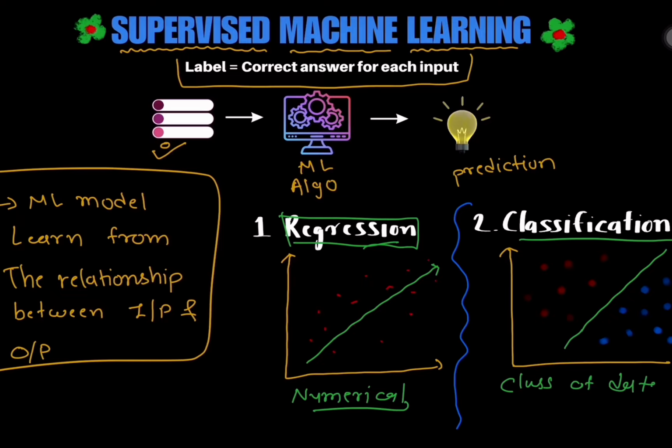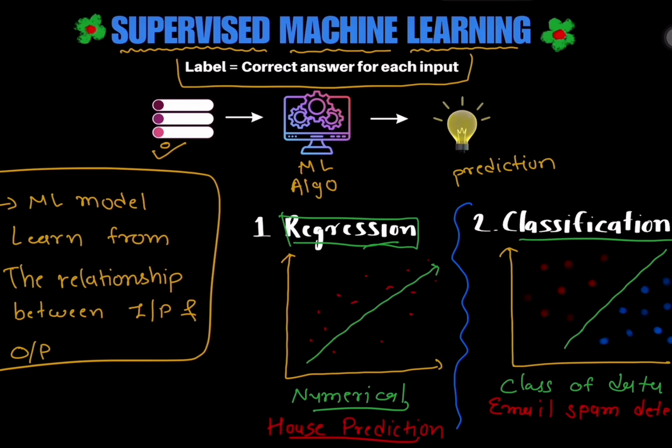If we take examples, house price prediction is a regression problem, and on the other hand, the example that we saw, email spam detection, is a classification problem.